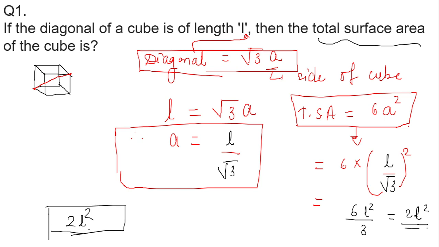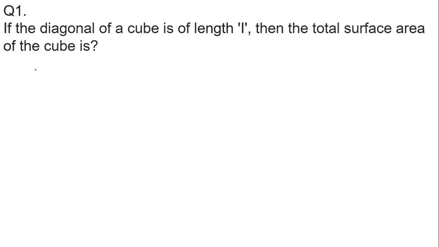Okay, so now we have understood two formulas, that is the diagonal of a cube, which is equal to under root of 3a, and the total surface area is equal to 6a square. So let us check a few formulas for the cube.